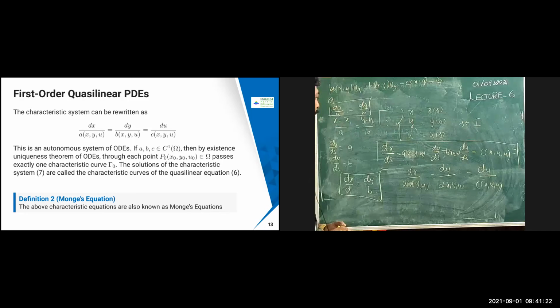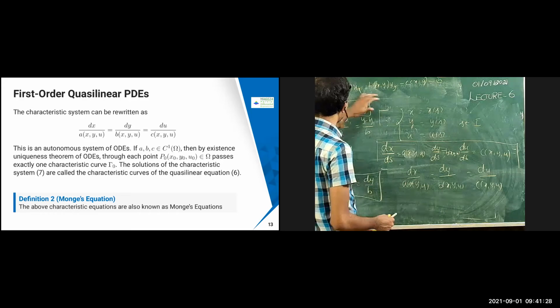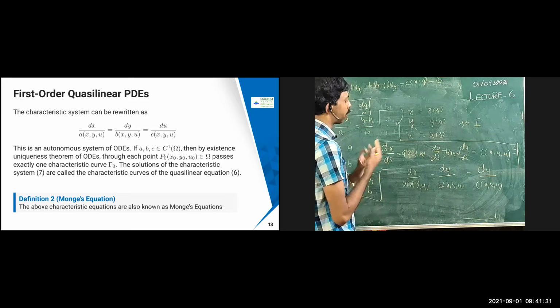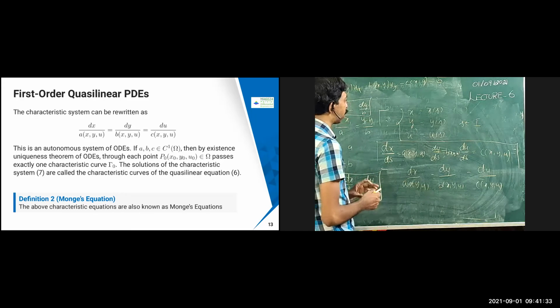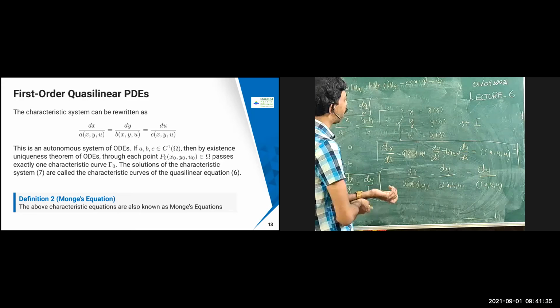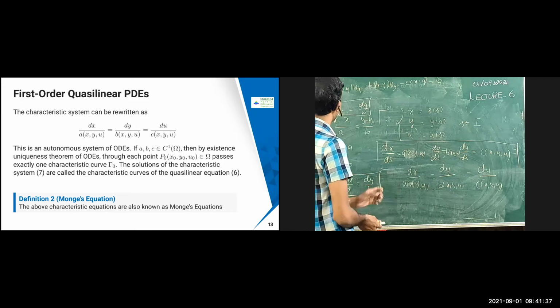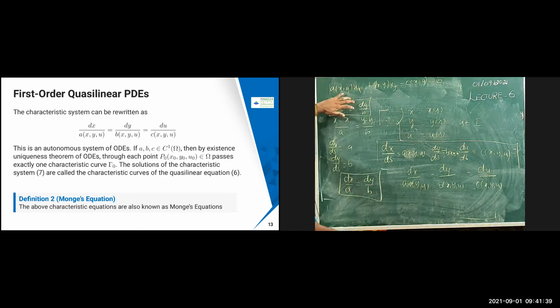If you take any Indian author book, they will not explain these details. They simply jump into this equation. If you take some engineering books or Indian author books, they will straight away take this equation. Suppose this problem is given, either a of x comma y comma u ux plus b of x comma y comma u uy equal to c of x comma y, or the quasi-linear PDE.